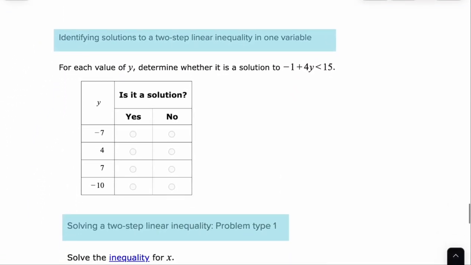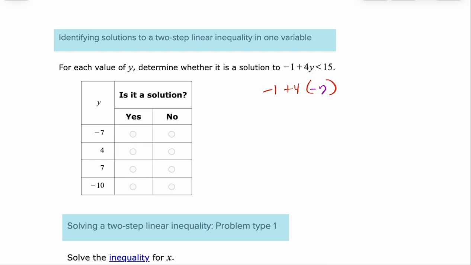Let's look at this one. It says for each value, determine whether it is a solution to this. Well, my suggestion would be, let's do a little bit of math. We don't have to. I'm going to do it both ways. So let's just do the first one. Let's just plug it in. I'm going to substitute in a y value of -7.